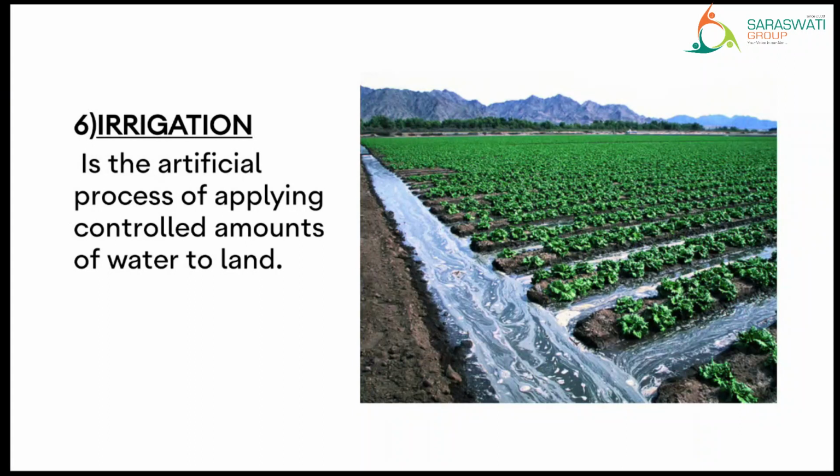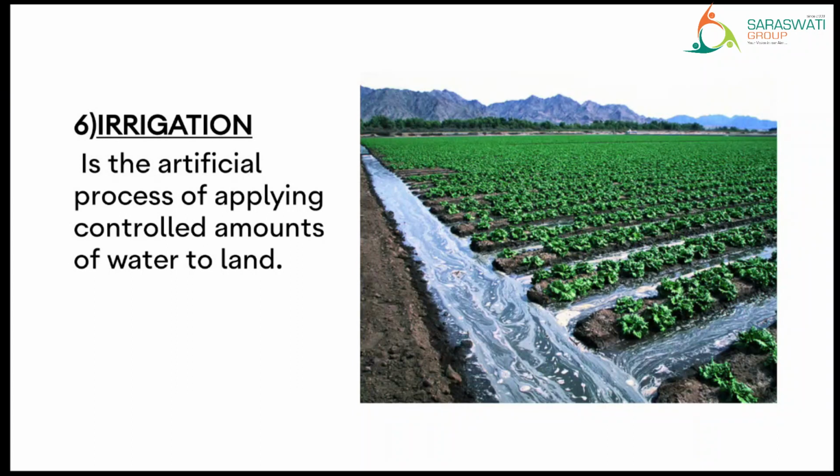And then the farmer will have to face the loss. So, at that time, the farmer has to go for the artificial process of applying controlled amount of water to land. Why have they used the term controlled amount?